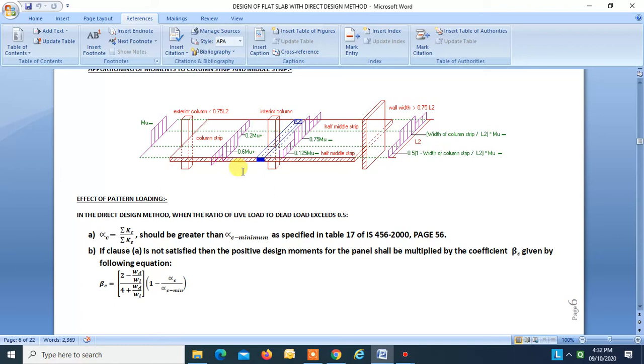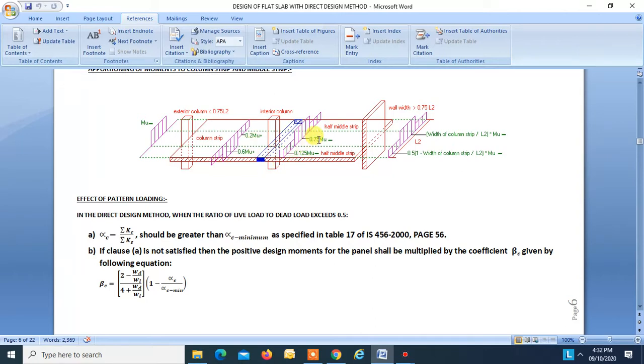At interior support, whatever moment is coming longitudinally is distributed transversely. 75% will be transferred to the column strip and another 12.5% and 12.5% to the half middle strips. So this is how it is transferred in case of an exterior panel.